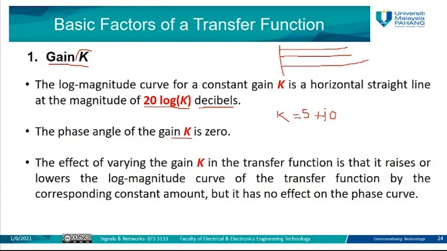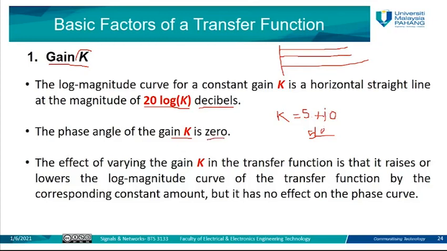If you want to convert this value from rectangular form into polar form, it will be the square root of 5 squared plus 0 squared. So the magnitude is 5, with the angle of tan inverse of 0 over 5, which gives you an angle of 0.